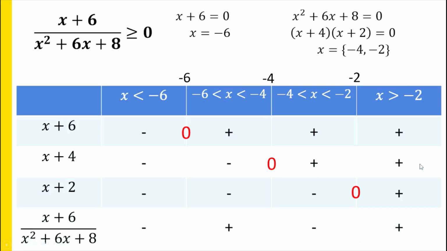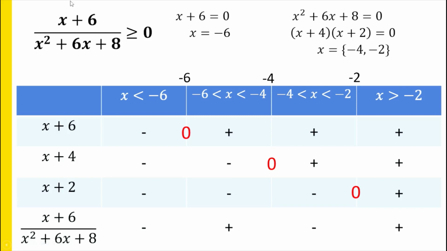Now, since we are after greater than or equal to 0, look at the two inequalities here, wherein we have x is between negative 6 and negative 4, and x is greater than negative 2. Now, as you can see here, we have an equal sign. So if that's the case, we need to include the values of x in the denominator.